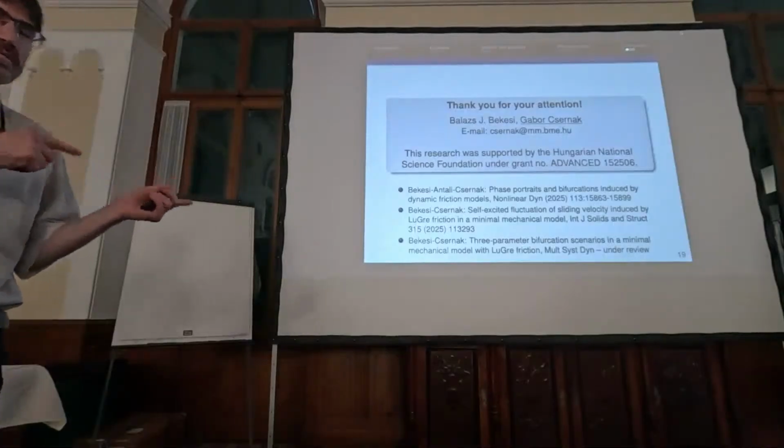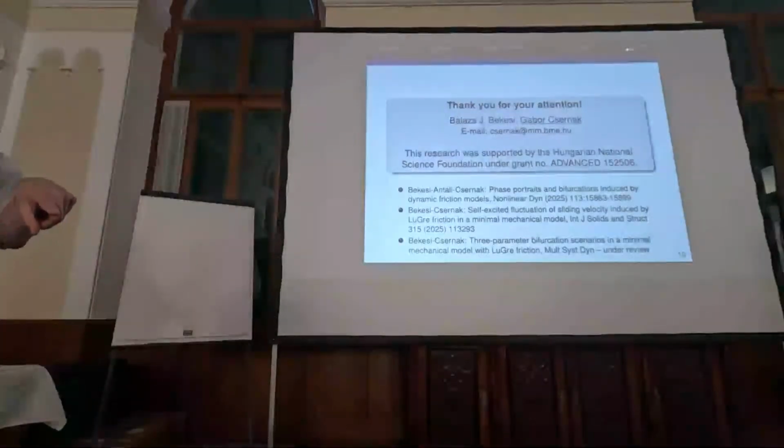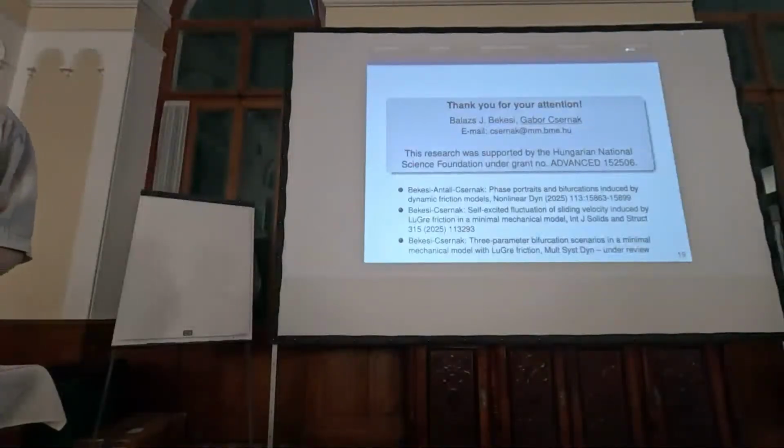Because according to the original Lugano model, the velocity components are chosen first. So in a certain situation, this is Vx, this is Vy, but if the velocity points in another direction, then the coordinate system flips. More questions?